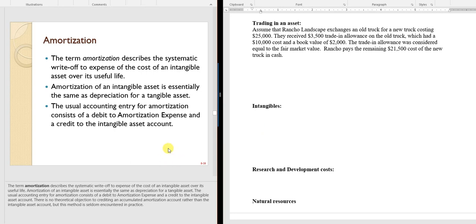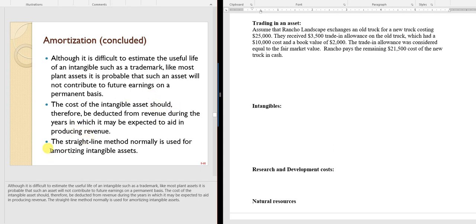On your drop-down menus, you probably won't even have the option of accumulated amortization, so you couldn't choose it. So what I want you to know about intangibles is what some examples of intangibles are. You'd call it amortization instead of depreciation, and you generally use a method similar to straight line depreciation.